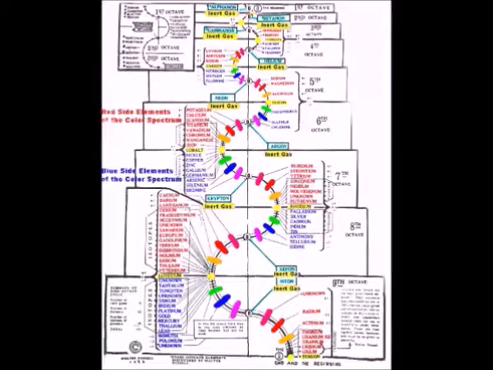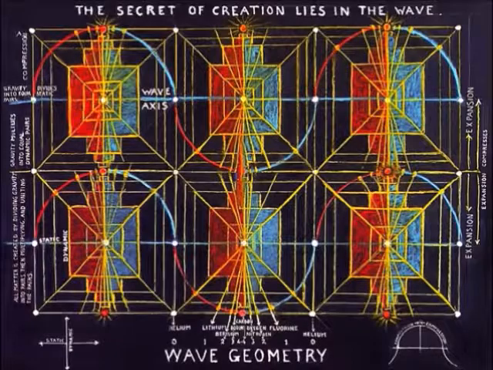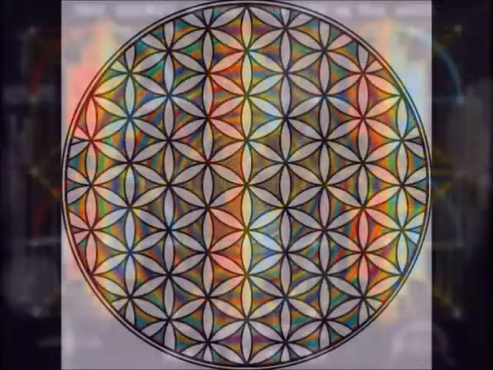Whether that was the octave spectrum of color or the octave on the piano, every expression of motion is in the octave wave, and I knew the wave. And in the wave is the secret of creation, and I had that. I knew it in a timeless flash.